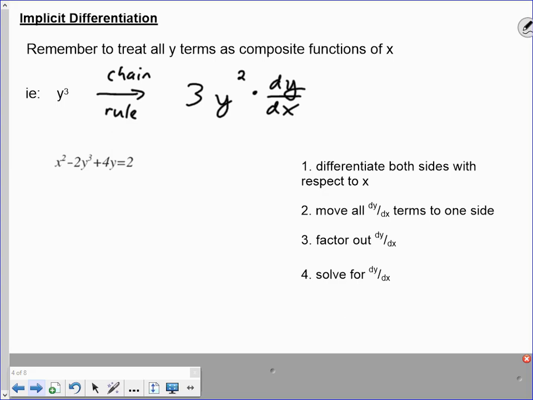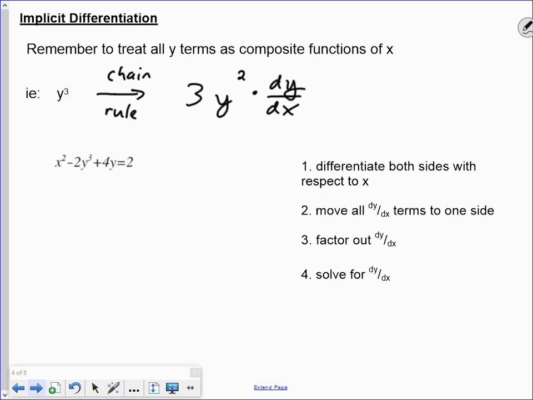Okay? So let's say we've got something more complicated, like x squared minus 2y cubed plus 4y equals 2. We want to find the derivative of this function here. What we're going to do is differentiate both sides with respect to x. So we're going to take the derivative of all of these terms with respect to x. If my first term here is x squared, the derivative with respect to x is 2x. My next term, negative 2y cubed, I'm going to take the derivative with respect to x, remembering to treat this as a composite function.